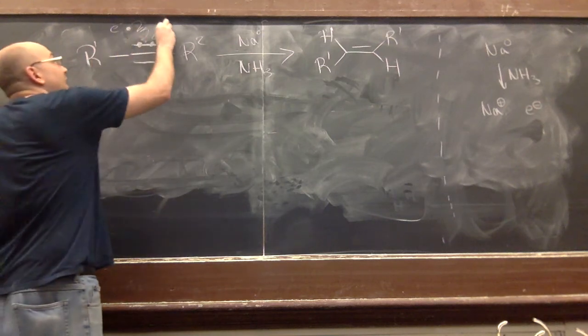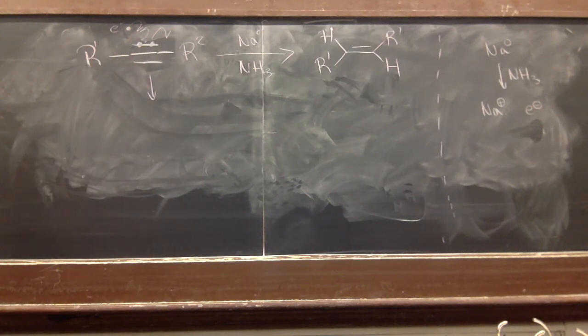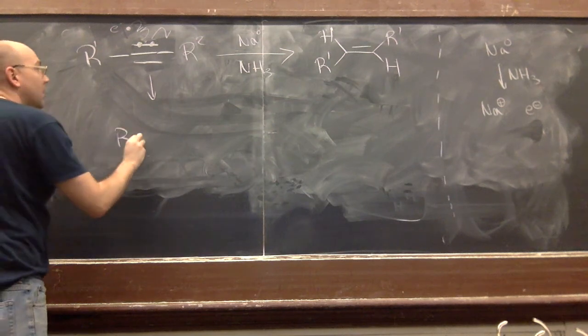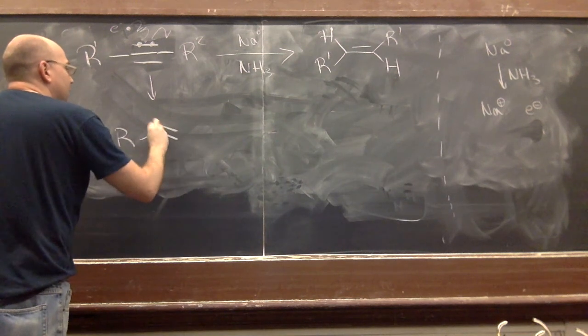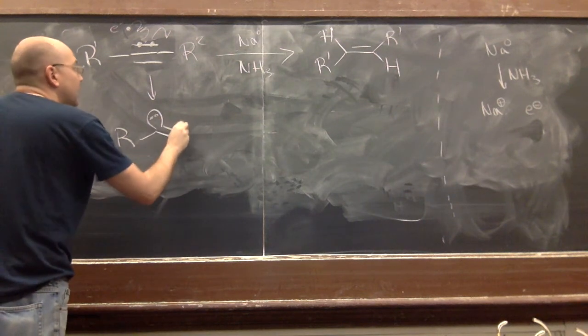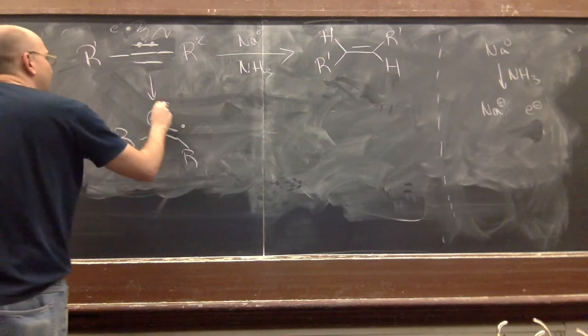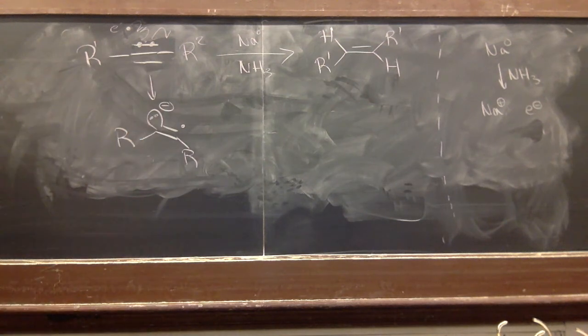On the other side, we end up with another radical. What's really wild about this is that now we have a charged system. That electron is the negative charge, so we've got this anion with the radical.